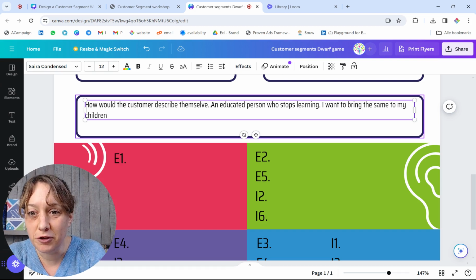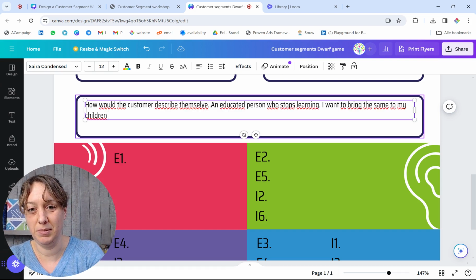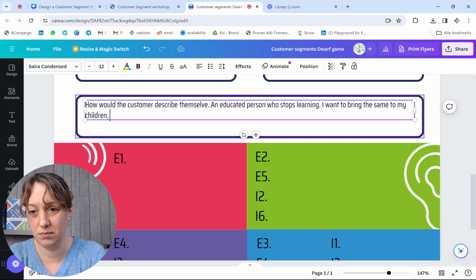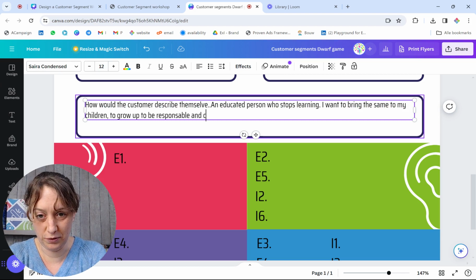I'm writing first person here just to make sure they describe themselves. So they want to bring the same to their children, to grow up to be responsible and creative people.